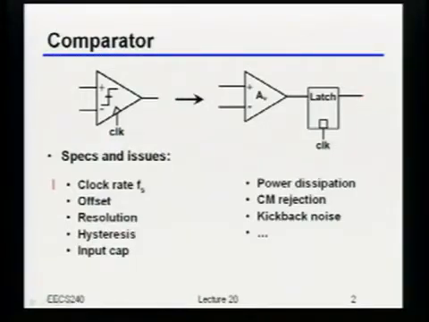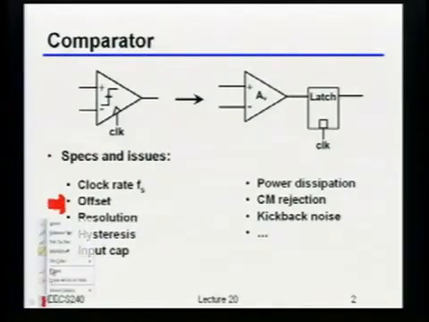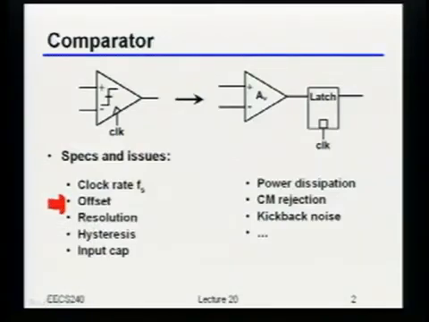Well, clearly you're going to care about how fast can you actually clock this comparator and still get the right answers out of it. You're going to care about offset, meaning at DC, rather than me putting in a 0 volt input, and right at 0 volts I transition between having a 1 and a 0 at the output, maybe I have to put in exactly 10 millivolts, that's when I flip.